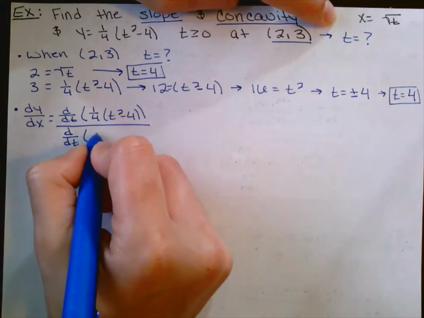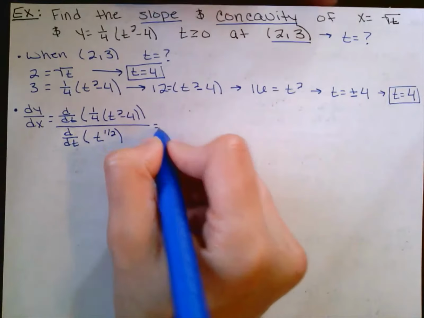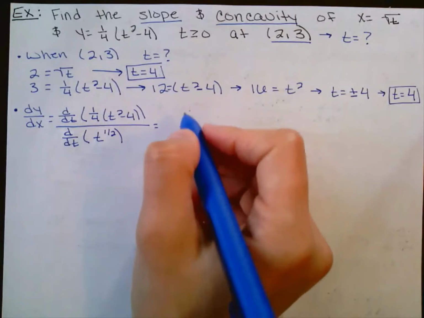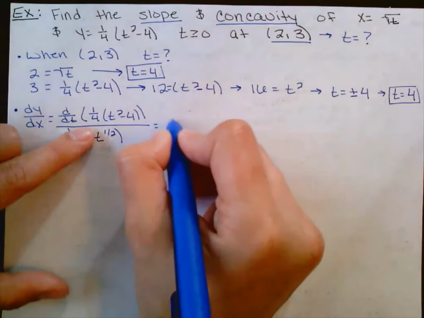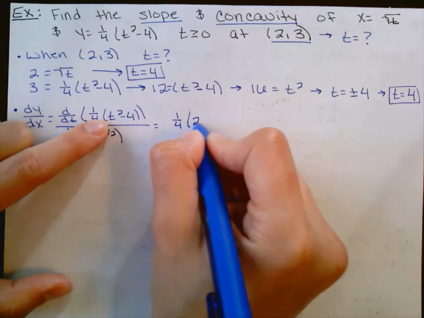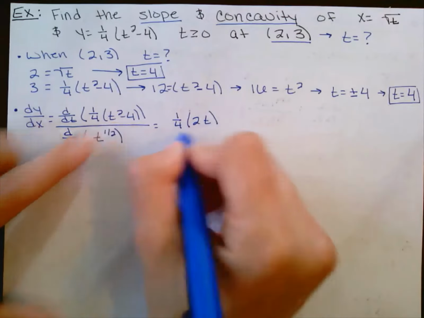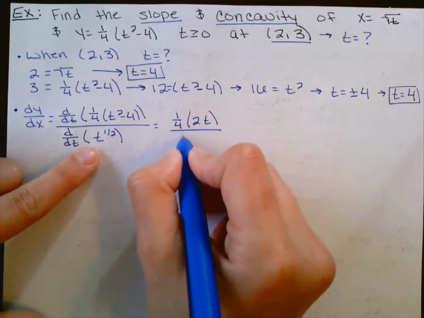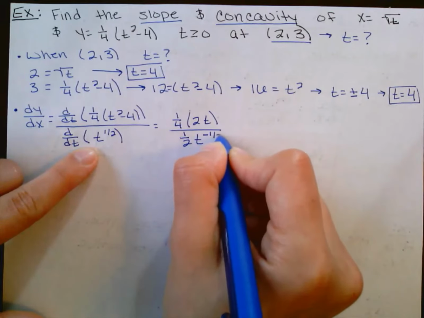And I'm going to go ahead and write this as t to the 1/2 already, make my life a little easier. The derivative of that numerator, I'm going to go ahead and remember you drop coefficients. And then here I'm going to have 2t to the first. Derivative of 4 would be 0. Here my derivative would be half t to the negative 1/2.